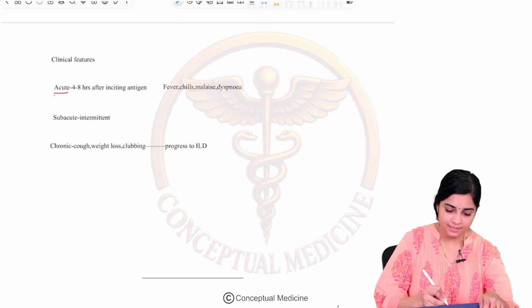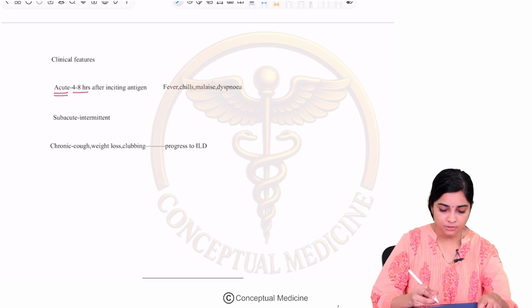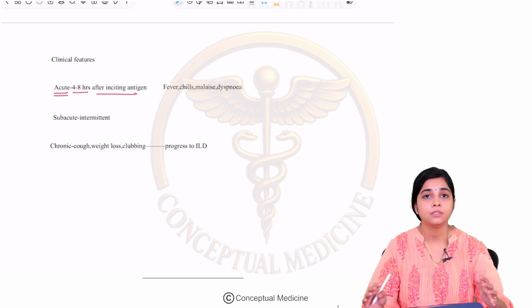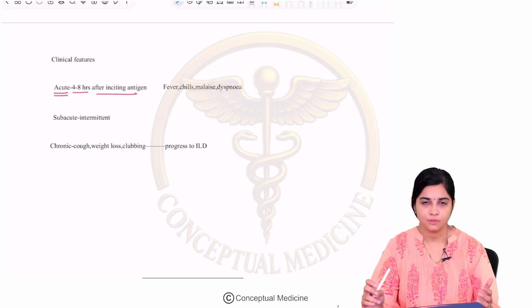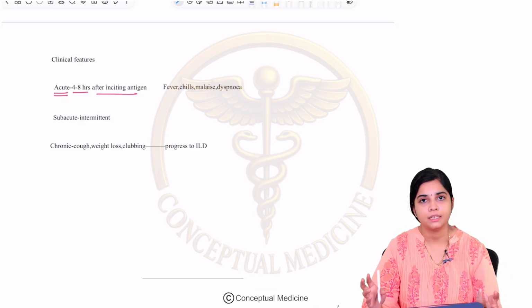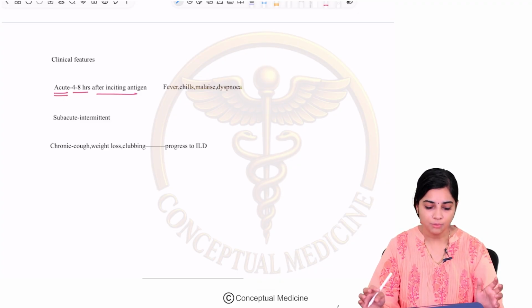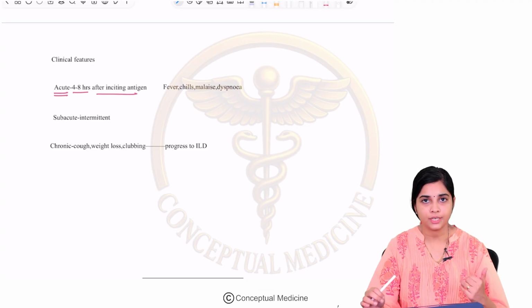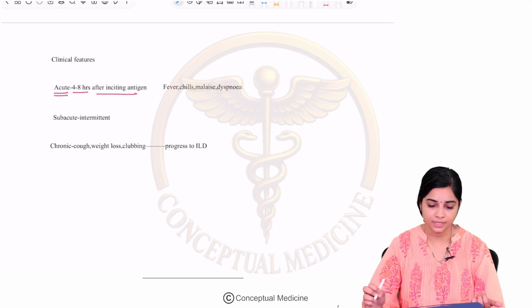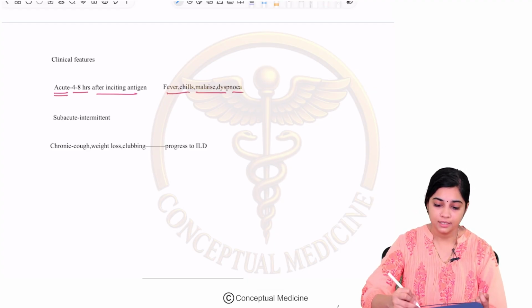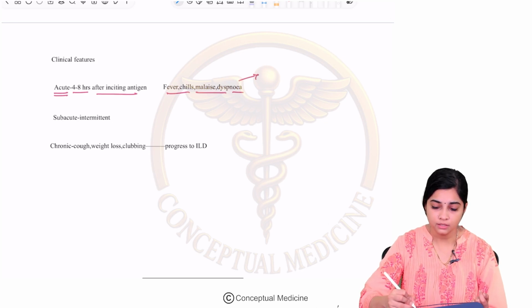Okay, now let us look at the clinical features. Acute hypersensitivity pneumonitis usually occurs 4 to 8 hours after the inhalation of the inciting antigen. So someone who is not a farmer goes to a sugarcane factory and ends up inhaling sugarcane dust, and there is Thermoactinomyces on that. Then within 4 to 8 hours of the inciting antigen, you can have acute hypersensitivity pneumonitis, which is characterized by fever, chills, malaise and dyspnea, and this will be very similar to a pneumonia.